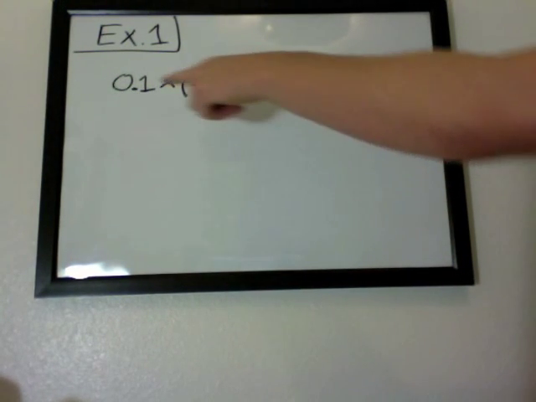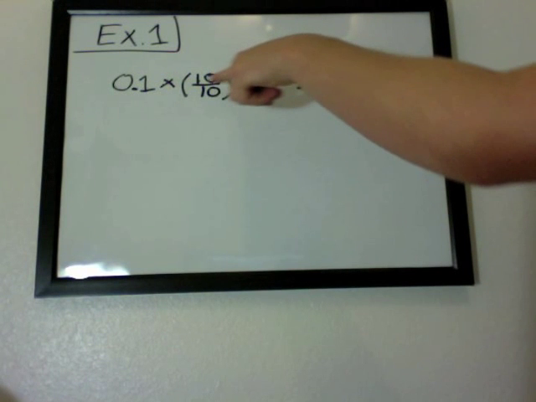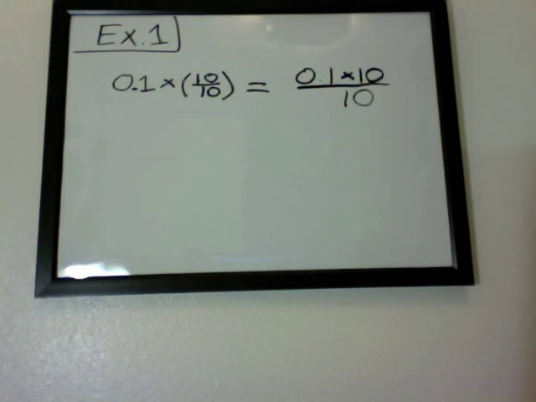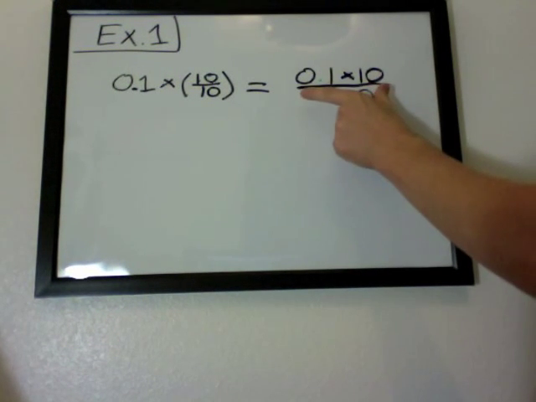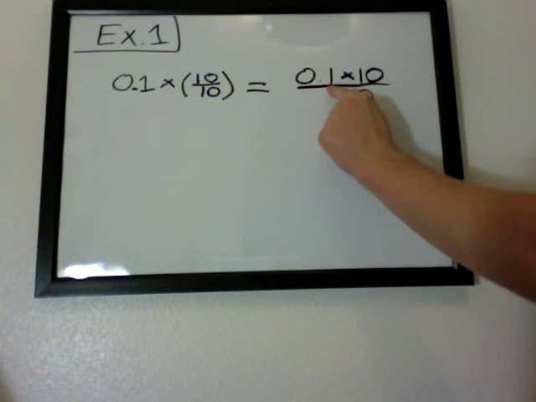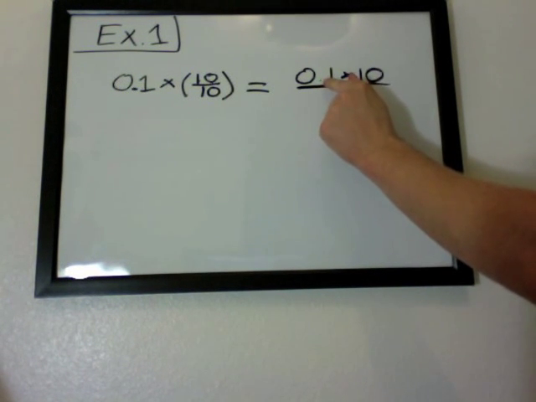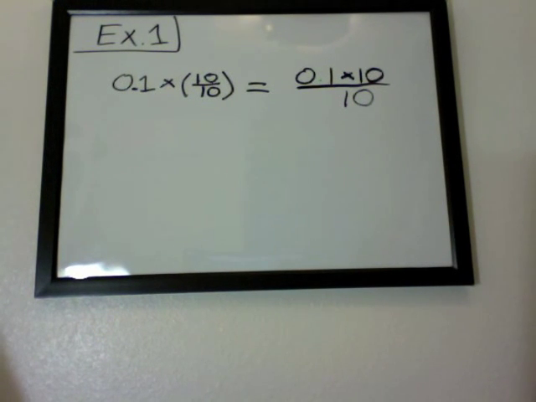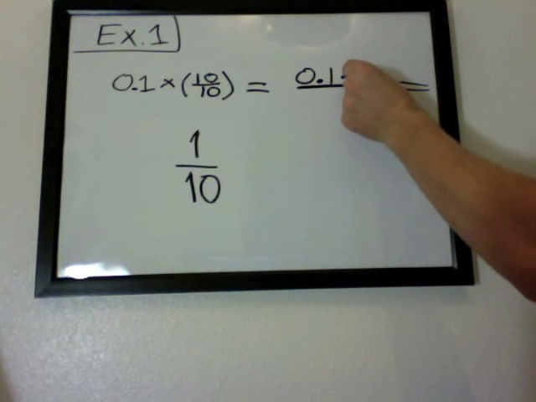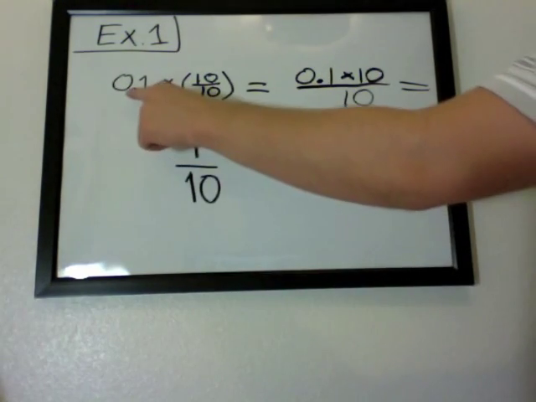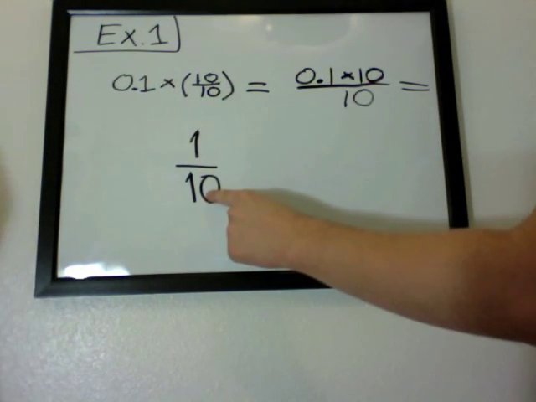As you can see here, we moved the 0.1 on top and kept the 10 on the bottom on both. This way, when you multiply the 0.1 by the 10, this just becomes a 1 because you move the decimal over one place to the right, as seen in this example. So when you multiply this out, it becomes a 1 on top and a 10 on bottom. So change this, it becomes this.